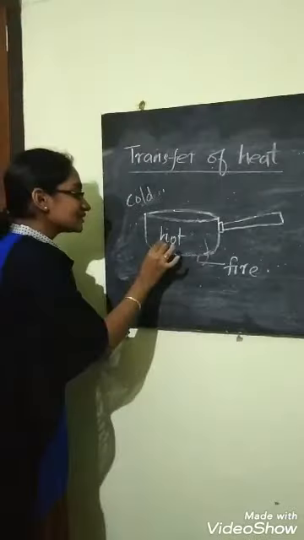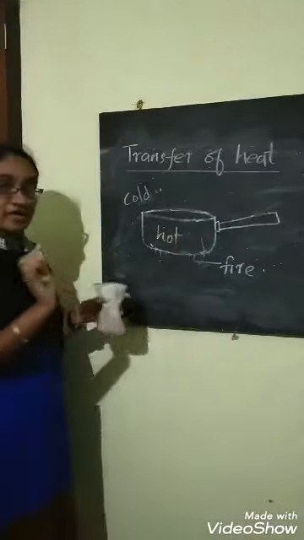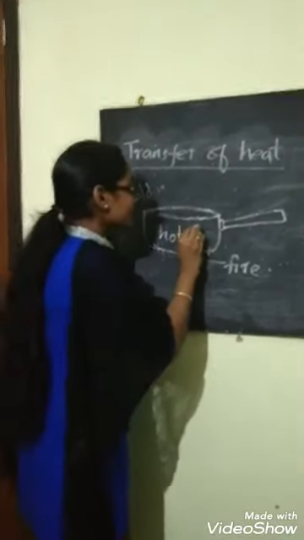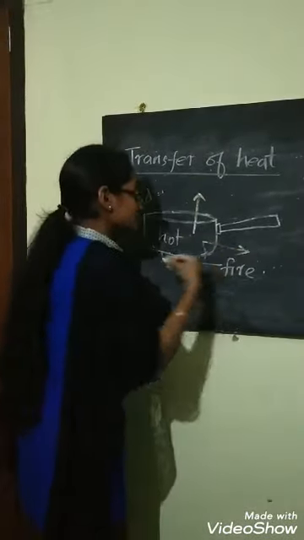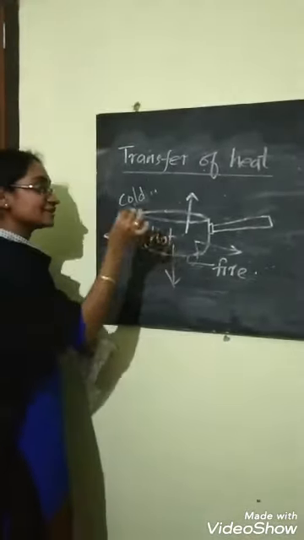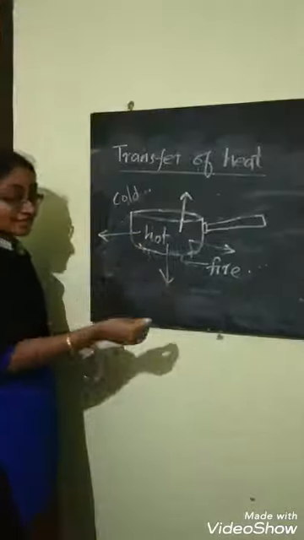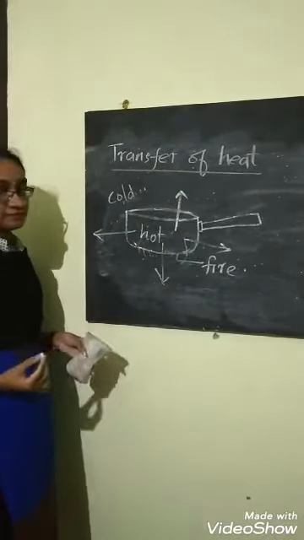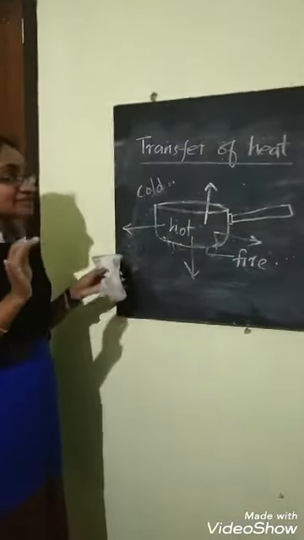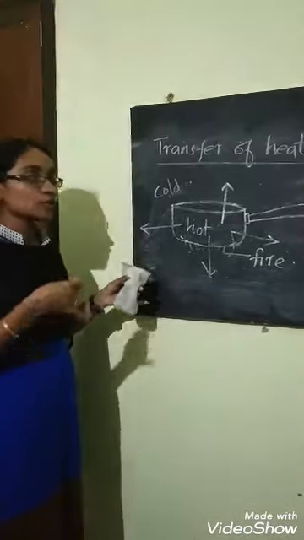No. This utensil will lose its heat after some time. Where will this heat go? This heat will transfer to our surroundings. That is, this higher temperature body loses heat to our atmosphere. Here also the heat is transferred from the higher body to the lower body.